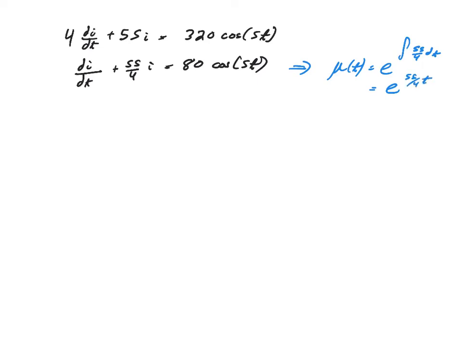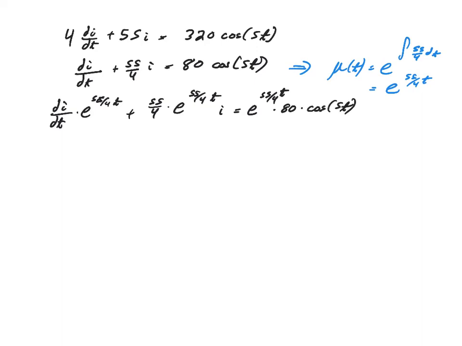Okay, so when I multiply that all through, I should have di over dt times e to the 55 over 4t plus 55 over 4 times e to the 55 over 4t I, and that is equal to e to the 55 over 4t times 80, oh, don't forget the little t there, times cosine of 5t. All right.